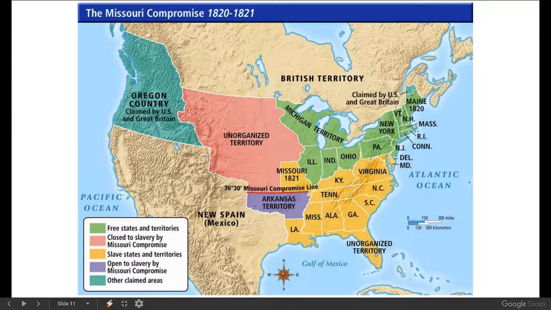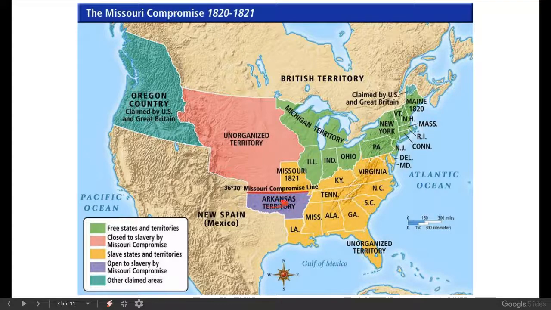So if we look at this map here, the Louisiana Territory is roughly this section here in the center. So we have our yellow states here are all going to be slave states and territories. Our green states are going to be our free states and territories. And then this territory up here would be closed to slavery according to the Missouri Compromise.